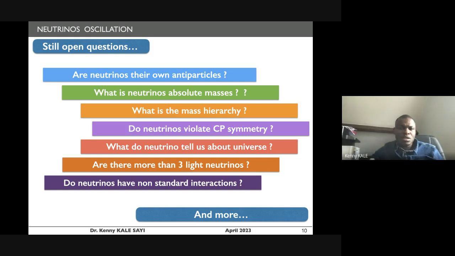Because since they don't interact, the only way for a particle to disappear is to interact and generate new or different particles. But when it doesn't interact, the particle is just traveling the universe without changing its properties.